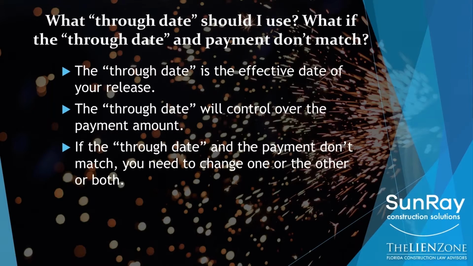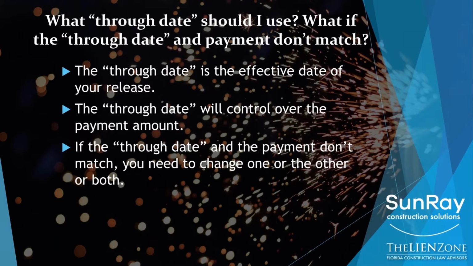So it can be signed today, but have a through date of 2 months ago. If you recall in the presentation, that was the little box that had the through date. So I can sign the document today and say that the effective through date of this release is April 5th, March 9th, September 1st. I can make it any date that I want.